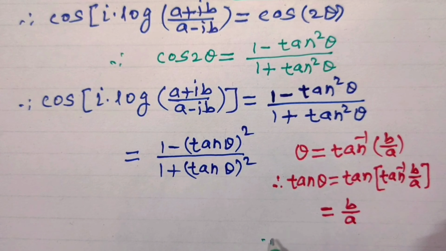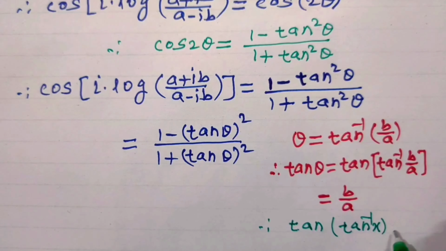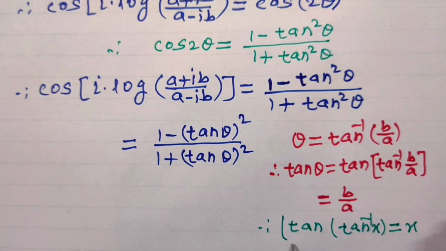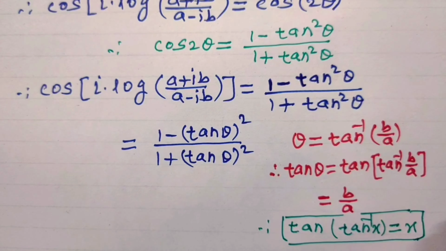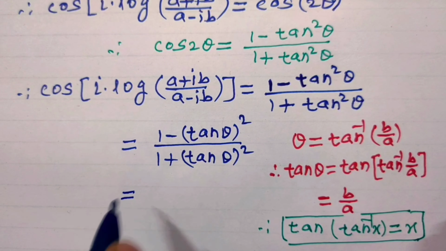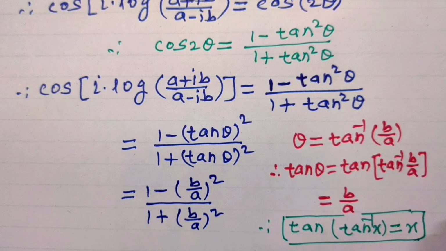Since tan of tan inverse x is equal to x, applying this property of inverse trigonometric functions, we replace tan theta by b upon a here: 1 minus (b upon a) square divided by 1 plus (b upon a) square. Simplify this.